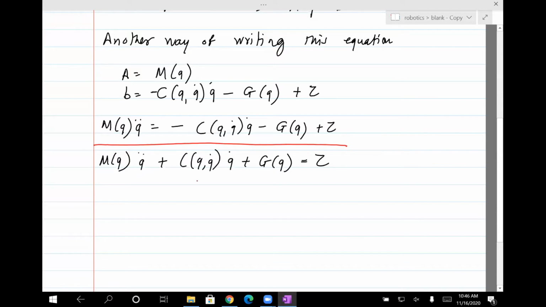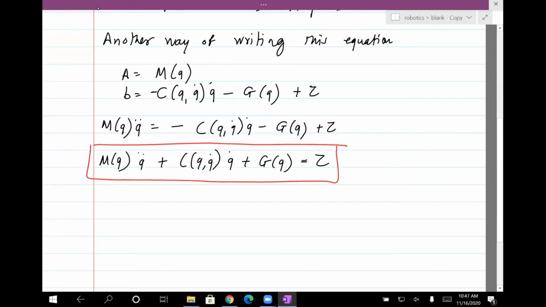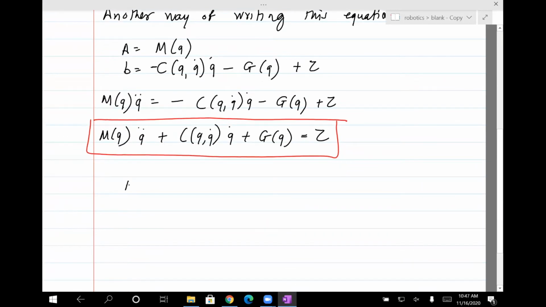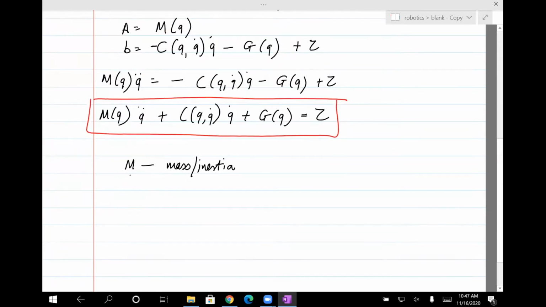Okay, and I'll write down what these matrices are. M is known as the mass and inertia matrix. All the inertia terms and mass terms will come there. C is the Coriolis and centripetal acceleration, or you can call it torque.